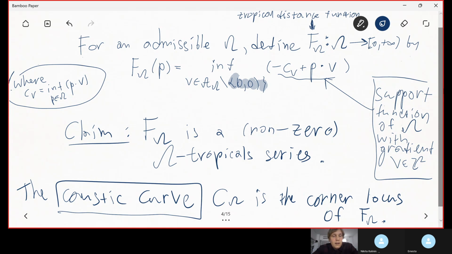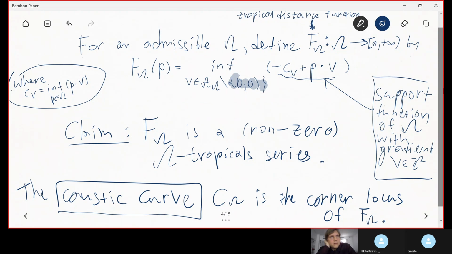And this is a new definition of the caustic curve. It's more general in that it can be applied to domains that are not necessarily Delzant polytopes or things like that. Exactly. It's applied to any admissible convex domains.